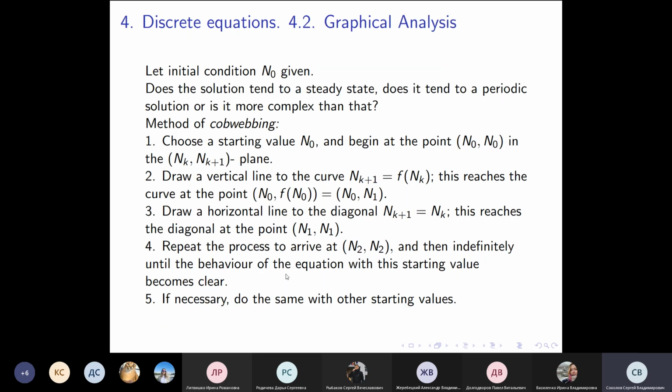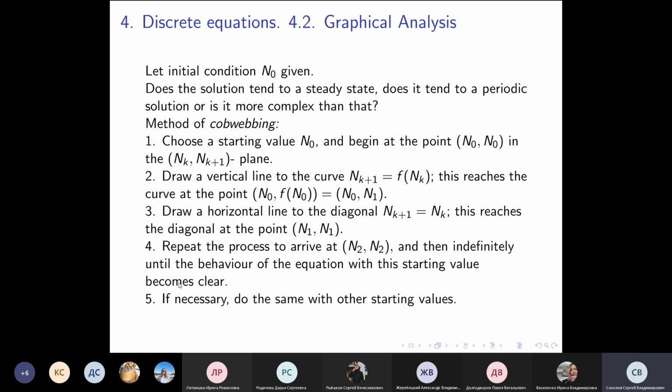Well, next, the graphical analysis of our recurrence equation. That's the problem, because I should show you this slide along with the next slide, so I'm gonna change them from one to another.